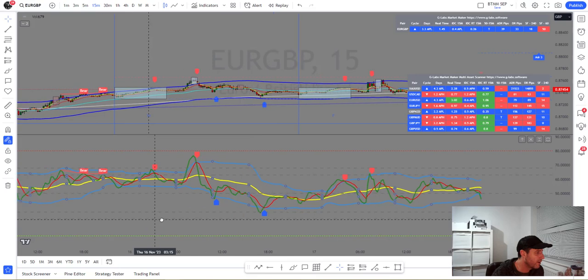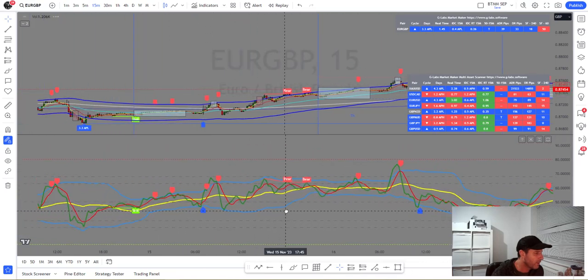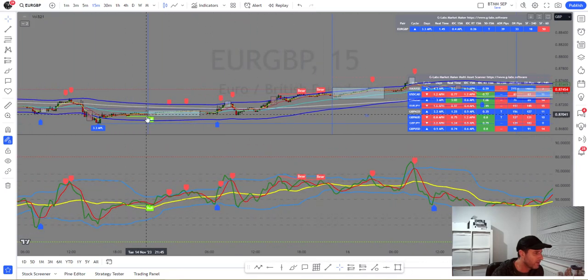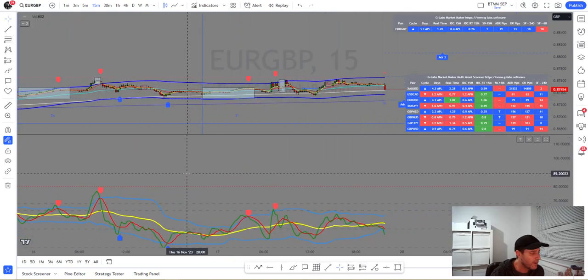Also the divergence is on the chart as well now, so we've got divergence lines and bear for bearish, bullish divergence, and then price carried on up. So yeah, those are nice things.